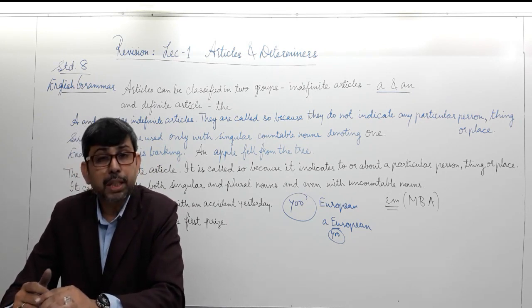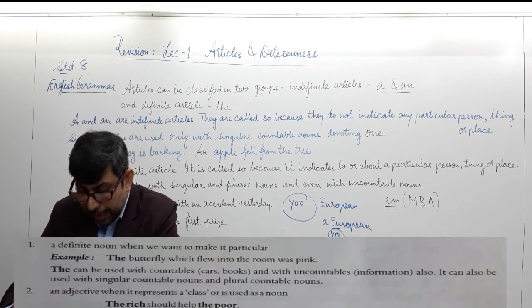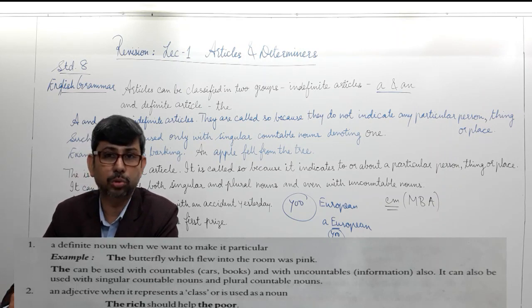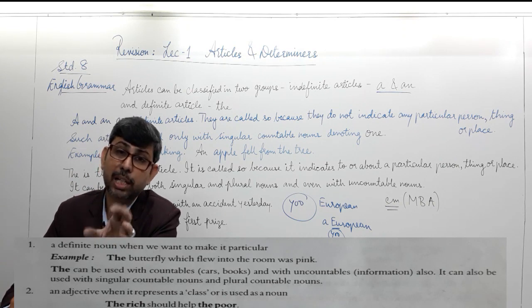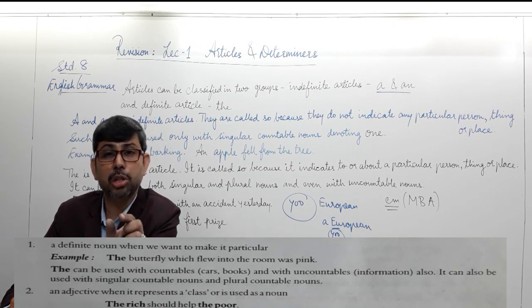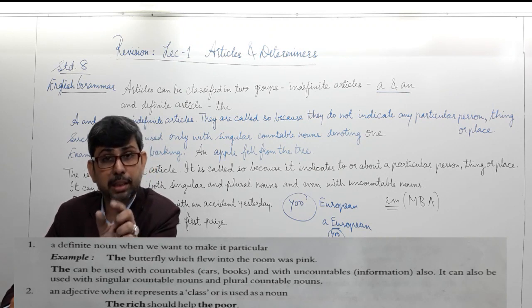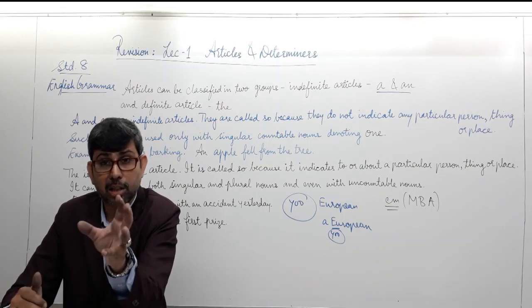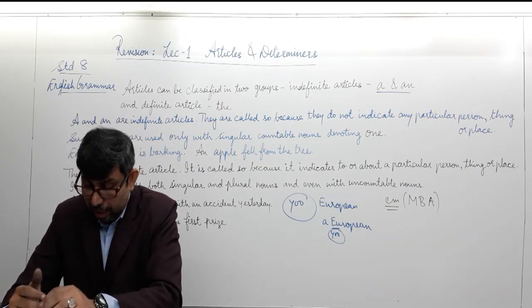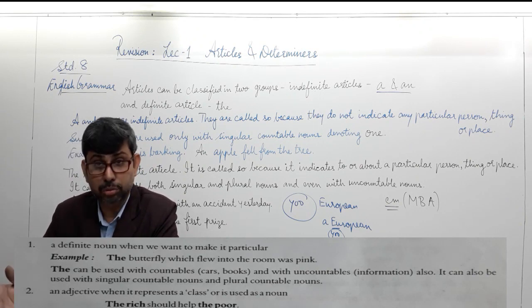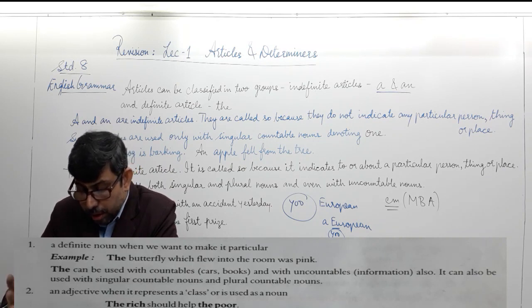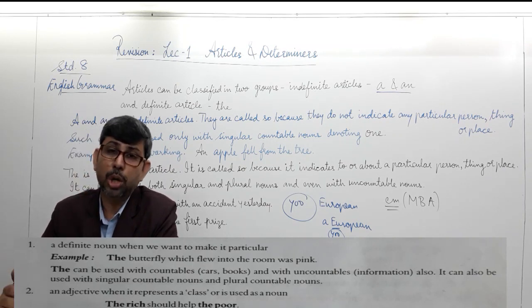The second use of the article the: an adjective when it represents a class or is used as a noun. When the article the is representing the class of something, just like we understood the indefinite article a representing the class of children, the word child representing the entire class of children. Similarly, an adjective when it represents a class or is used as a noun. For example, in this sentence, the rich should help the poor. Here what do we mean to say?